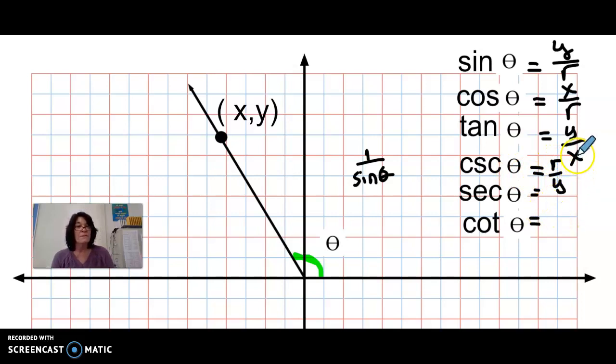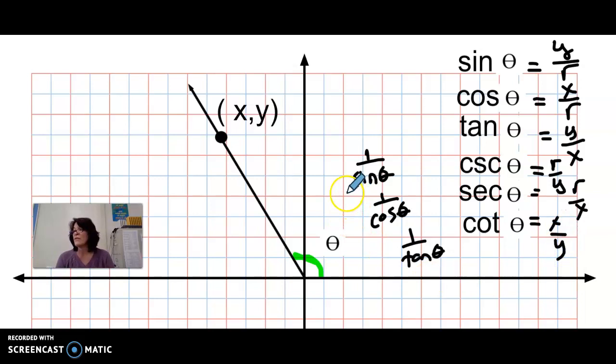Secant is the reciprocal of cosine. So secant is r over x. And cotangent is the reciprocal of tangent. So cotangent is x over y. Okay, so you can fill those in your notes.